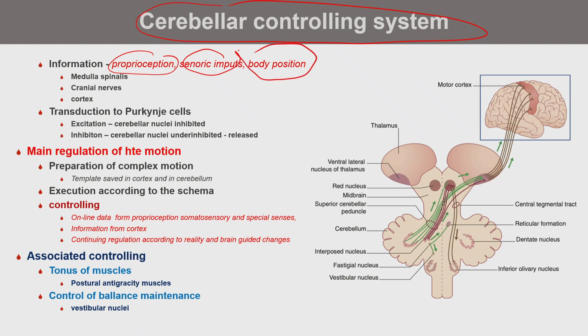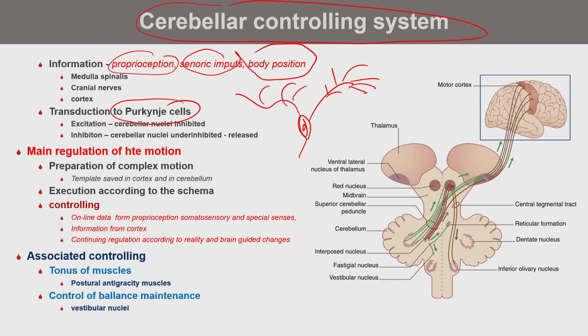The information is obtained from the spinal cord, then also from cranial nerves, and also from the cortex. Everything is transduced through Purkinje cells. Probably you remember that the Purkinje cell has a shape like a deer horn, and this is very important because it is excitation.